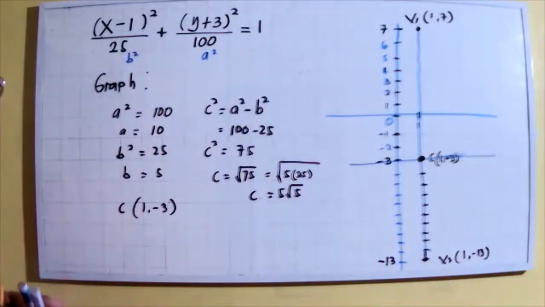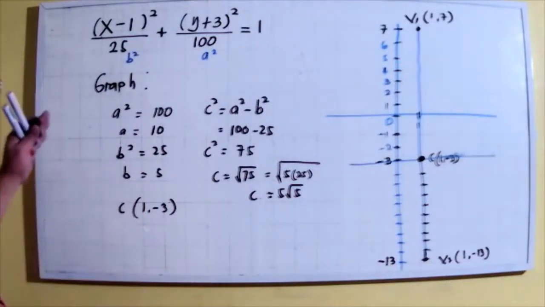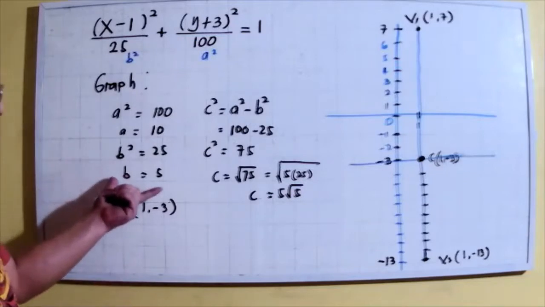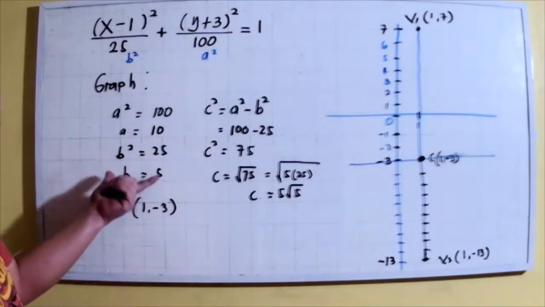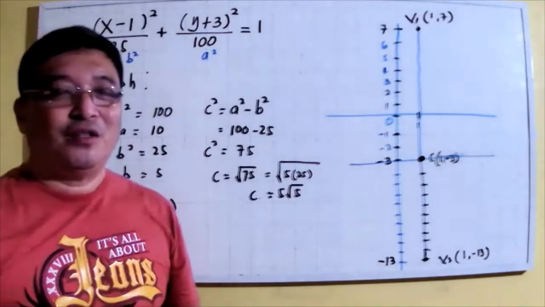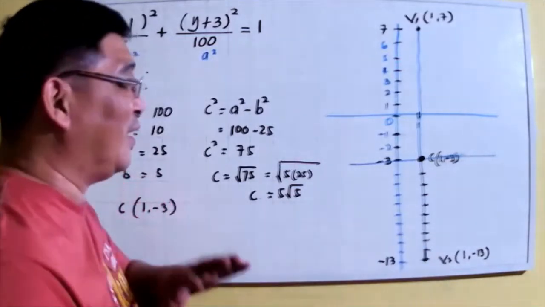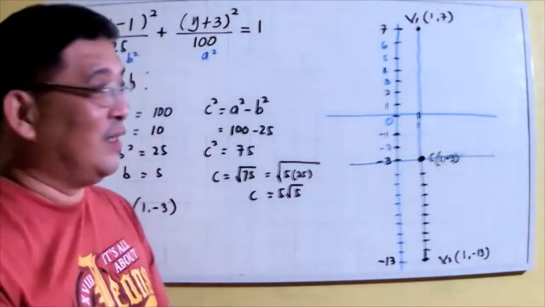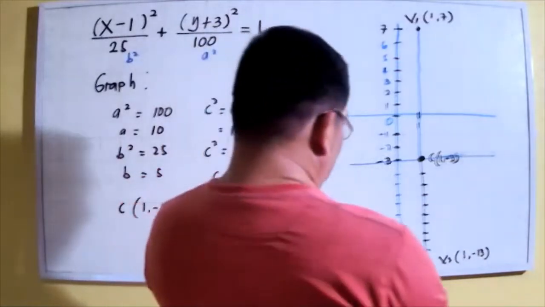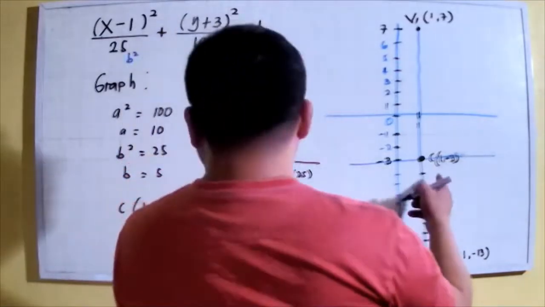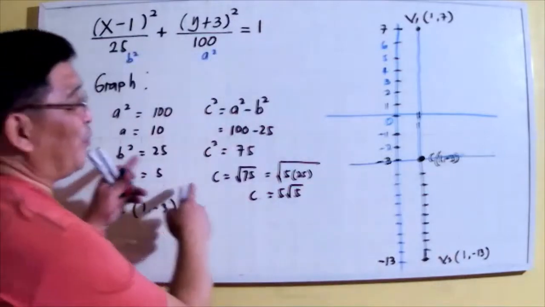Now, hanapin naman natin yung coordinates ng co-vertices. Co-vertices is the distance b. The distance b from the center is the point of co-vertices. So meron tayo to the left at to the right ng center because that is the line of the minor axis. So let's count dahil that is 5 units away from the center.